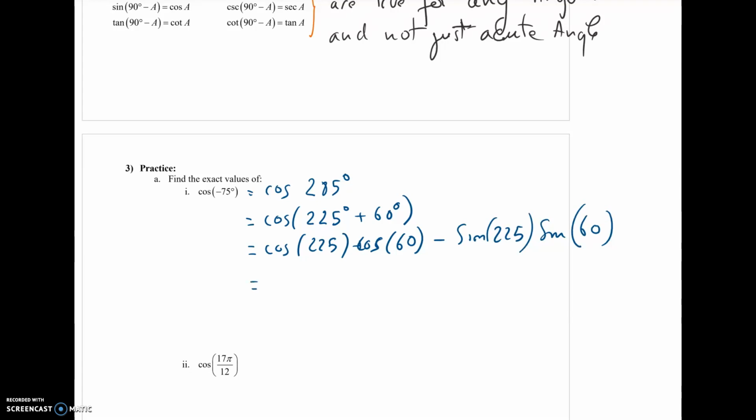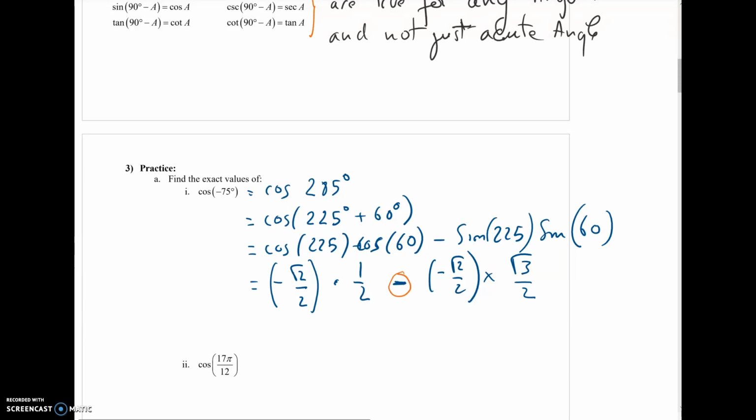Looking at your trigonometric circle, you know that you have negative square root of 2 over 2 for the cosine of 225 degrees, multiplied by 1 over 2 for the cosine of 60, minus, same idea, negative square root of 2 divided by 2, and because I'm dealing with a negative number, I'm using parentheses. With the subtraction sign, negative by negative will be transformed into a positive number, so I must pay attention to that.